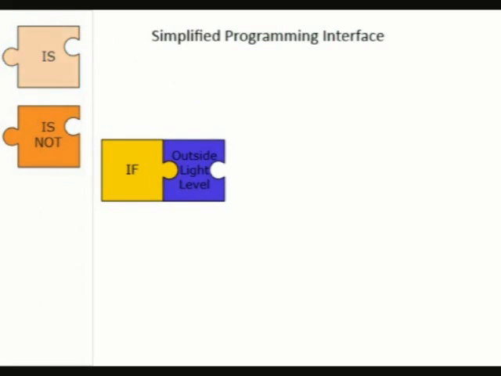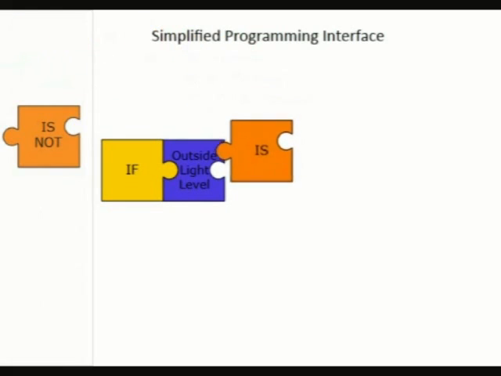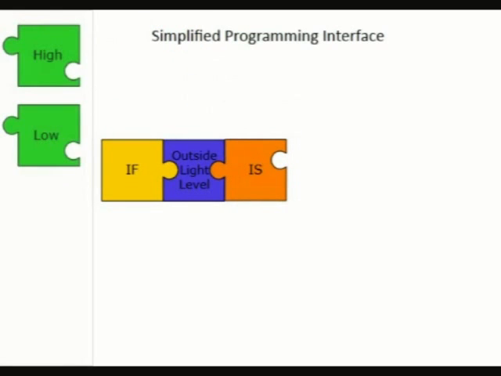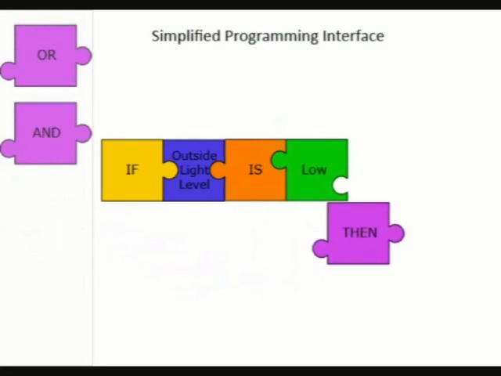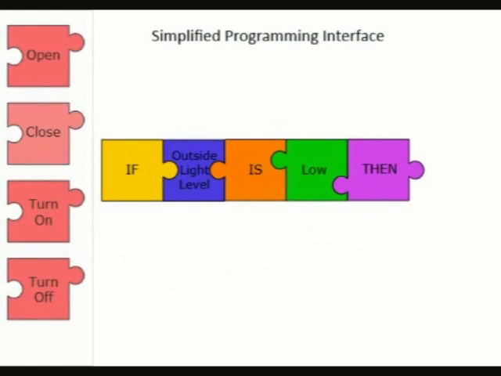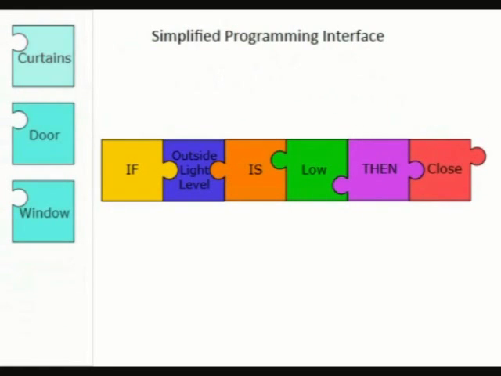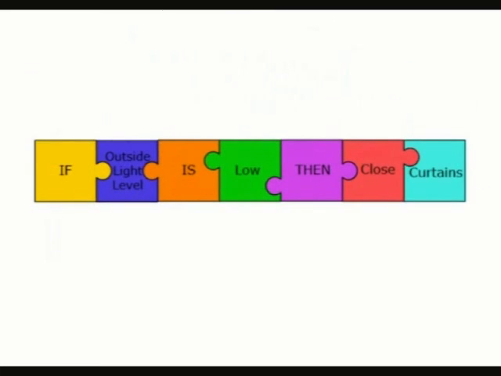And we select is and drag that down onto the jigsaw. And again, we select the next piece to continue our behavior rule. We select low. And the next pieces are then close, and finally curtains. And that completes our behavior rule. If outside light level is low, then close curtains.